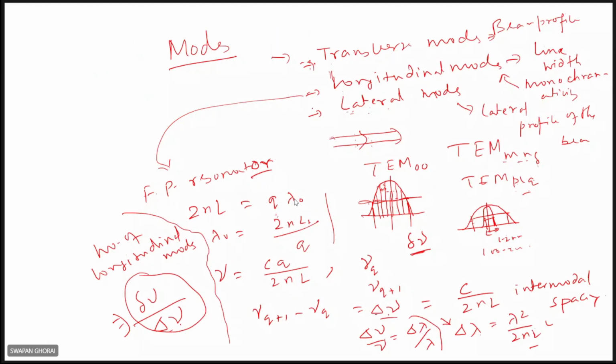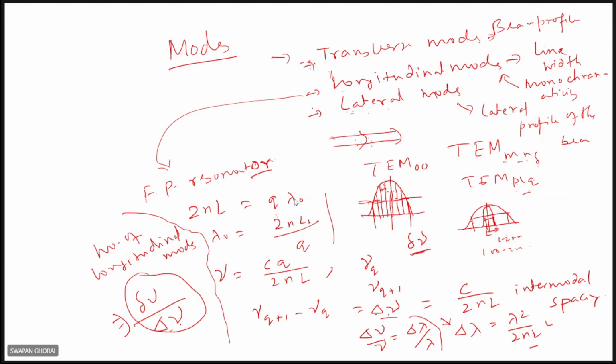Then you see modes. Modes are important when you deal with a laser device, just like in fiber. You have seen TE modes, TM modes, hybrid modes. Since a laser is a resonator, because light is produced within a resonator, and a resonator means an oscillator because of the feedback, modes are also generated here.